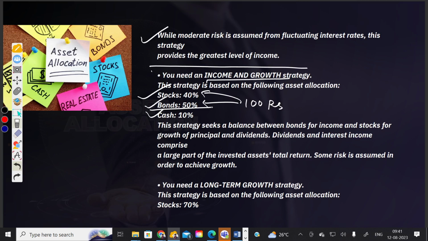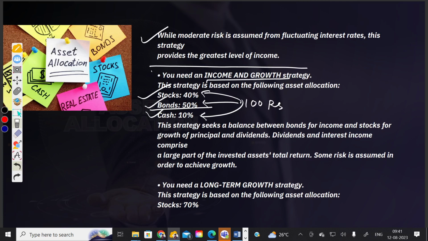And 10% you can carry as liquid cash, or maybe you can invest in money market instruments like loans, repos, CFDs, or other very short-term instruments. So quickly you can convert into cash at any point in time if you need it. So that's how you can design your income and growth strategy.